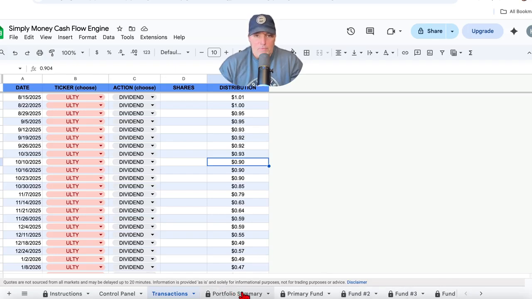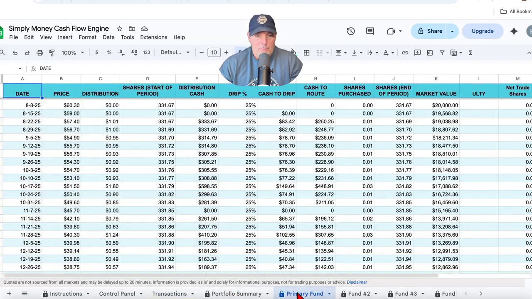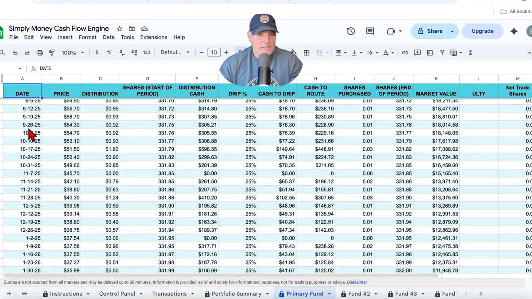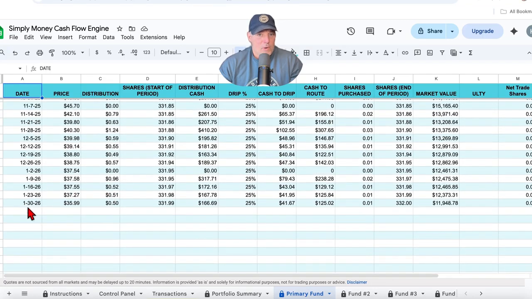We're going to skip the portfolio summary for now and go over to the primary fund. So again, primary fund shows you right here in L1. The primary fund is Alti. And you can see it populates the dates, and it comes down. All this below is blank, but it has formulas in it because those are all just in the future.